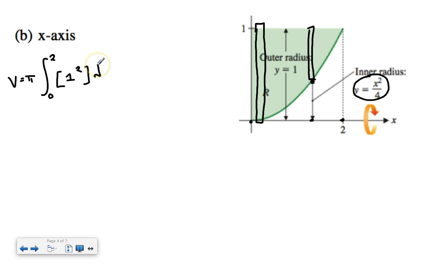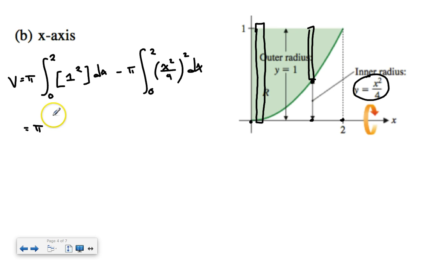And why don't we separate it a little bit? dx minus pi times the integral from 0 to 2 of the inner radius, which I know is going to be x squared over 4 squared dx. And then what we can do is that I can deal with the squares on each piece separately, and then since the limits of integration are the same on both integrals, I can combine it back to a single integral. So let's deal with that.